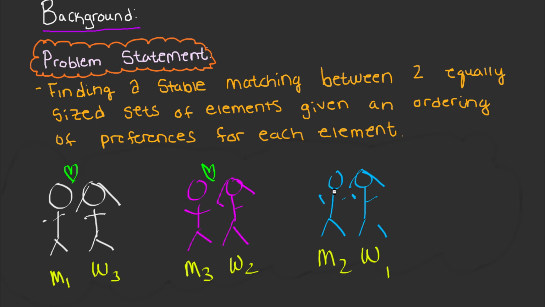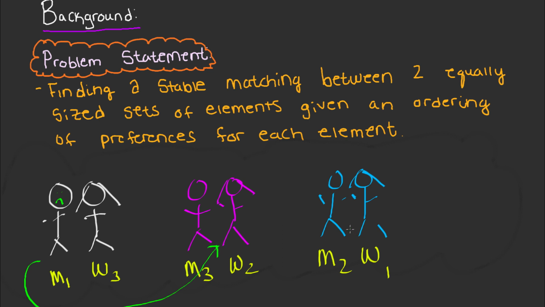Now, we could also have stability as long as the element in the opposing set does not reciprocate the same feelings. So if this man was with this person, but he was not happy, he had feelings for woman two, then this is still stable because she's not reciprocating the emotions to man one. She's still happy with man three, and let's just say man two is still happy with woman one.